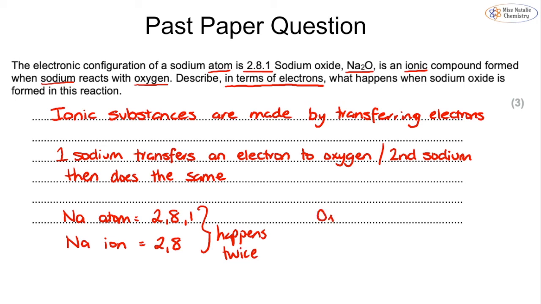And we have our oxygen atom, which is 2,6, forming oxide ions, which would be 2,8, because it gains one electron from each of the two sodiums.